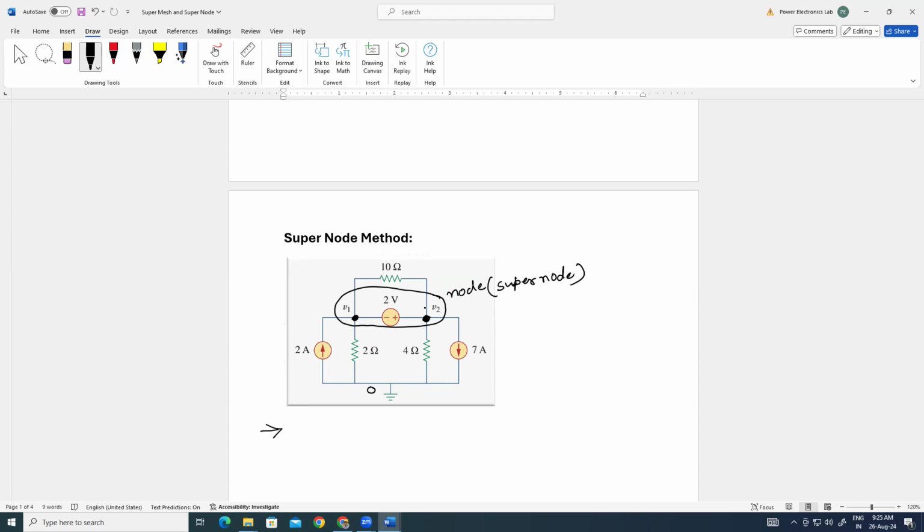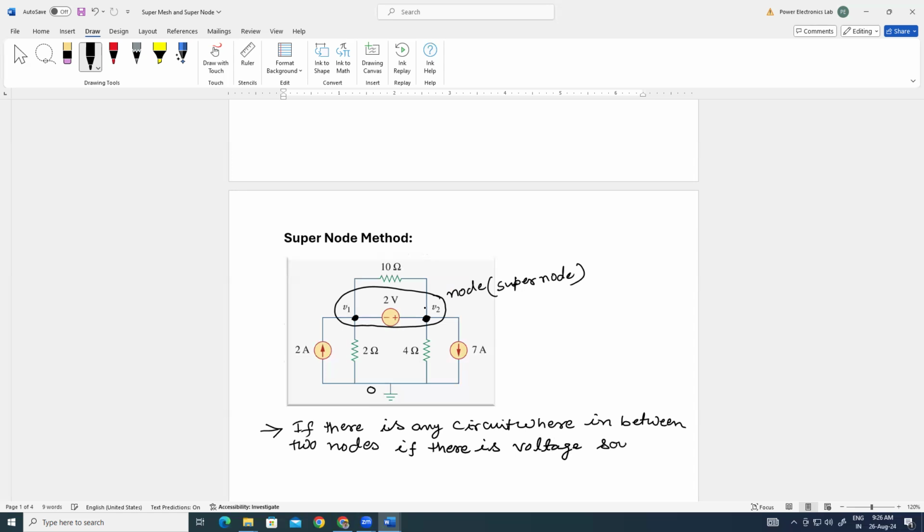So in any circuit where a voltage source is connected in between two nodes, use the super node method to solve easily.